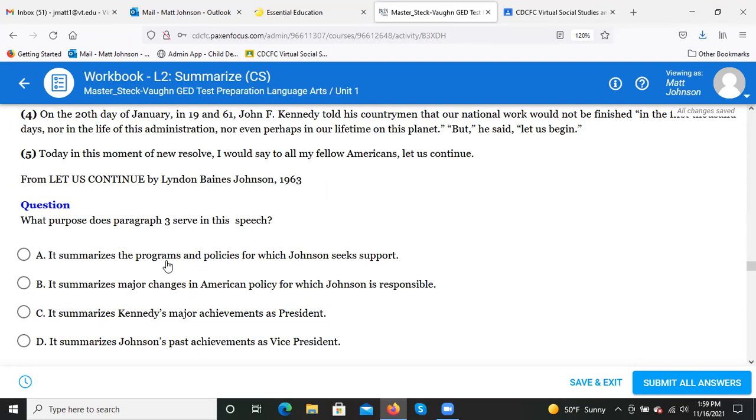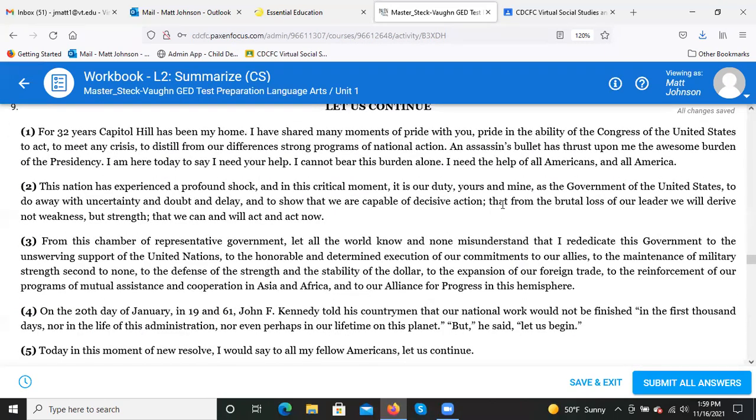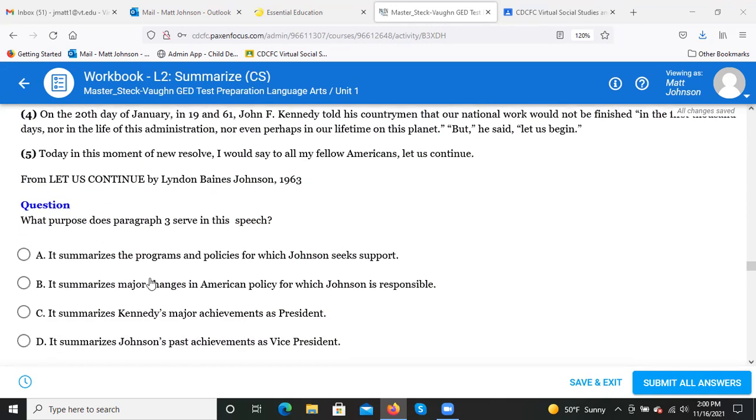So looking at paragraph 3. Let all the world know and none misunderstand that I rededicate this government to the unswerving support of the UN, to the honorable and determined execution of our commitments to allies, maintenance of military. So A, right?